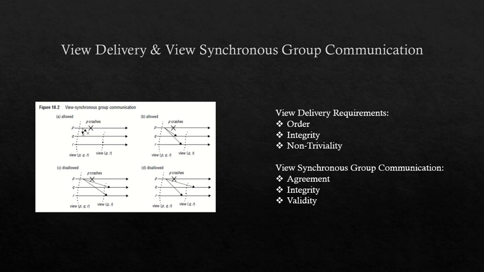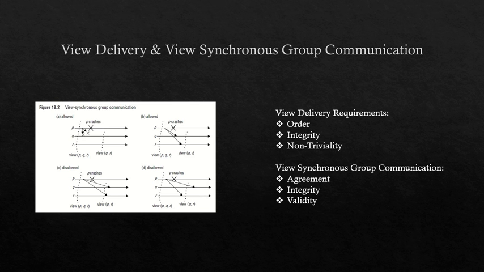And this one, if you see in the figure off to the side, you've got processes P, Q, and R. P is trying to send a message M while in a view, but it crashes before it's able to send that message. This is part A here.